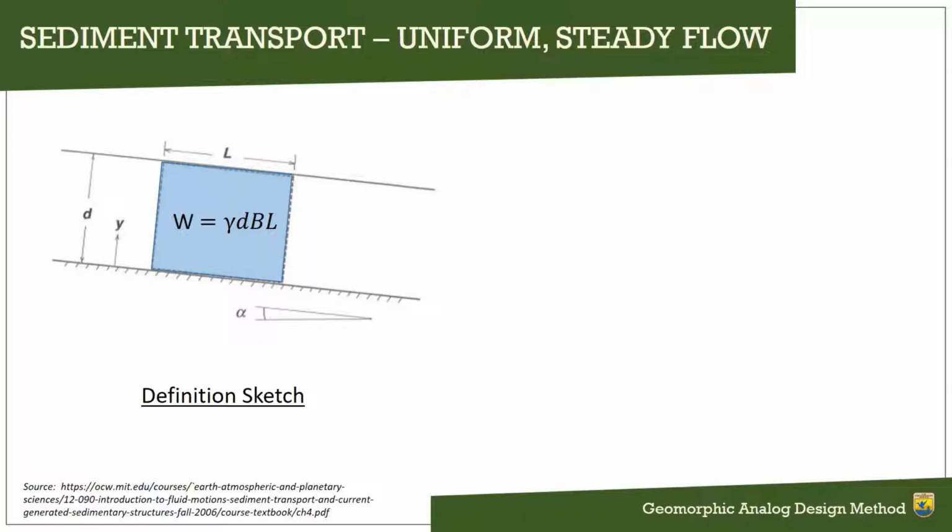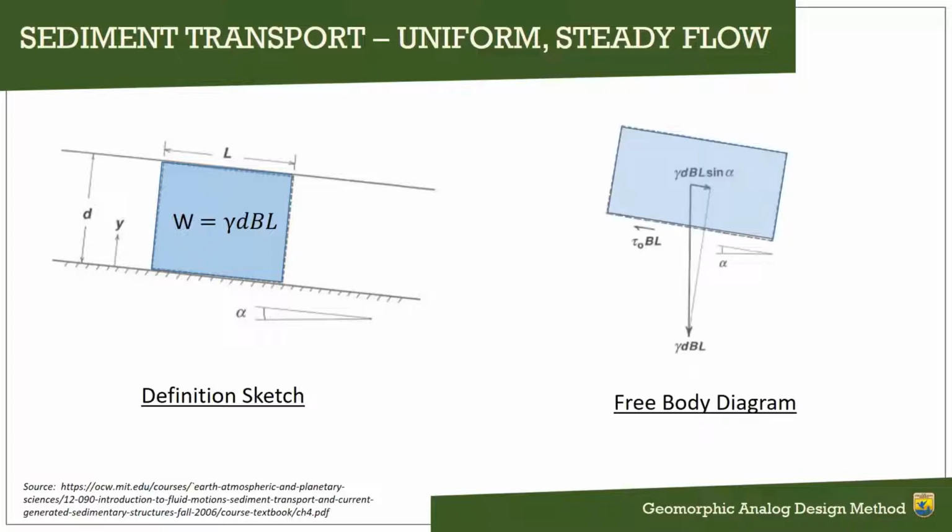And now we're going to apply Newton's law. An object in motion tends to stay in motion, which means if the flow is uniform and steady, all of the forces on our blob of water must add up to zero. This allows us to draw what physics types call a free body diagram for our blob of water, where we examine all the forces and make sure they add up to zero.